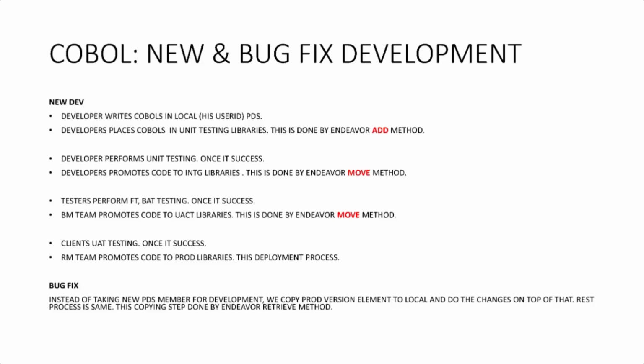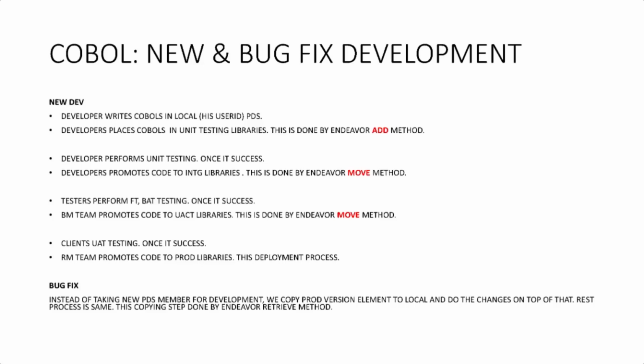Then the tester performs the FT and BAT testings. Once it is a success, the BM team promotes the code changes to the next environment, user acceptance. This is also the move method. So the client UAT gives sign off. Once UAT is successful, release management takes over all the proofs, then they will deploy to production.